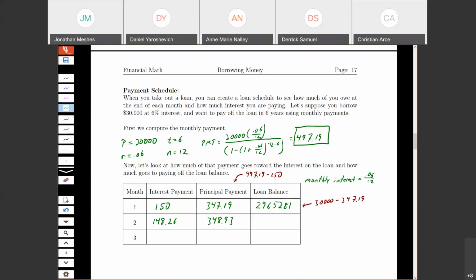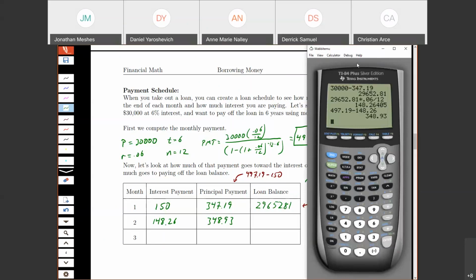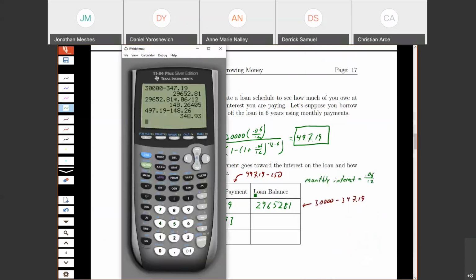Then for my loan balance, I take my previous loan balance, $29,652.81, and subtract the amount of principal that I'm paying off this month, the $348.93. So we get $29,303.88.